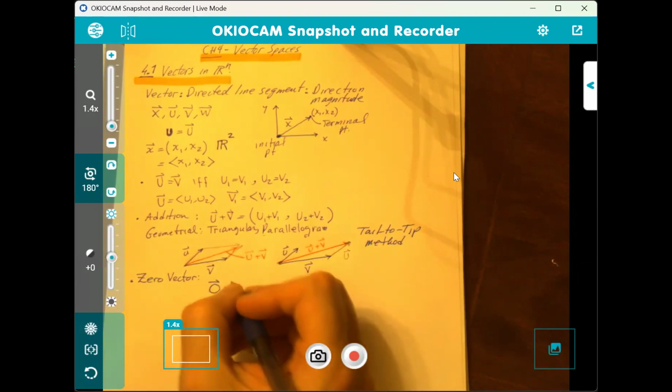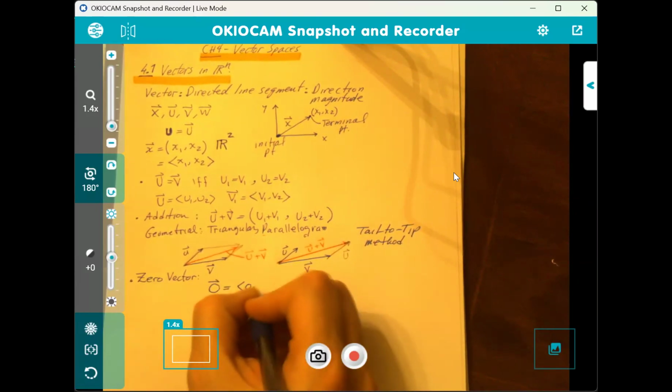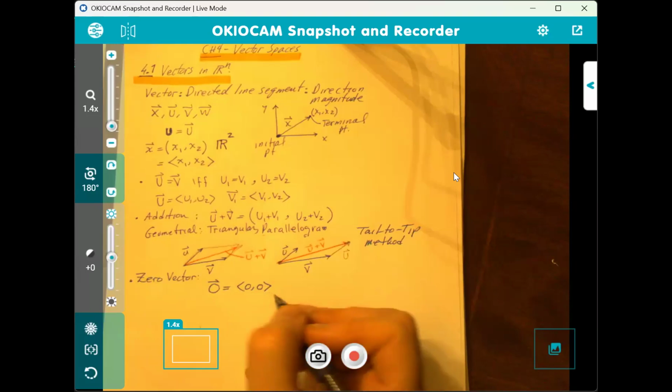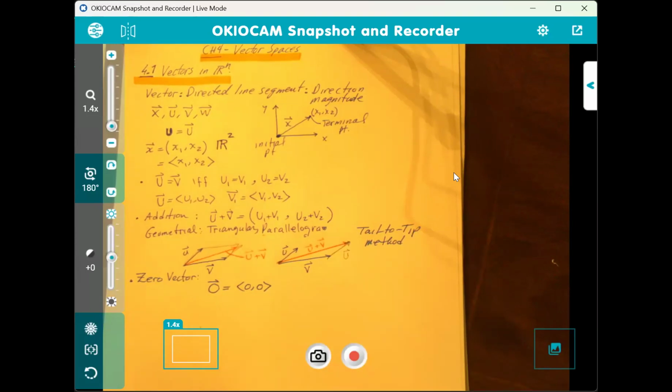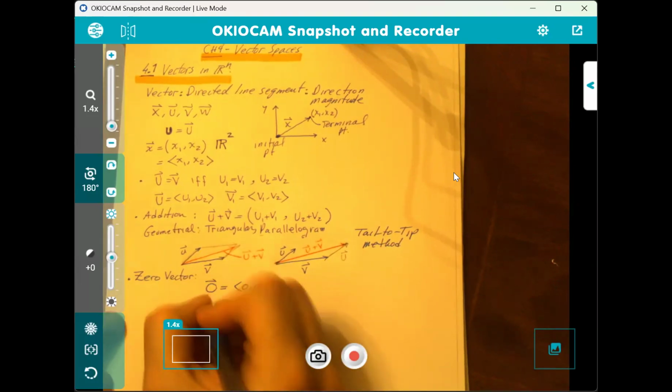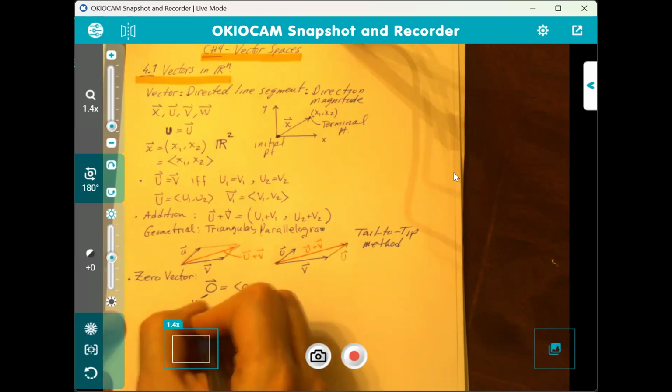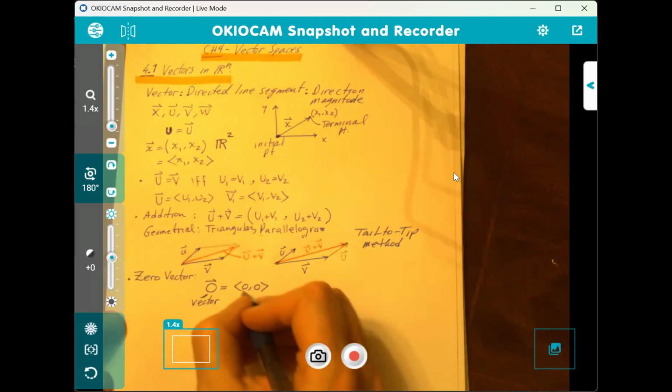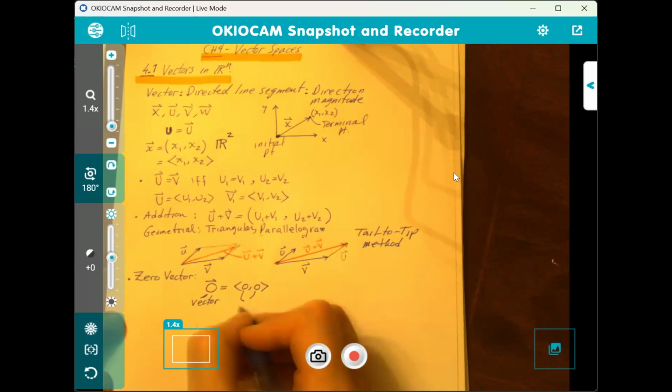In R2, a zero vector looks like this. Both components, x1 and x2, are 0. Inside the angle brackets, by the way, the components are real numbers. This is a vector quantity, so please be mindful of that, where these are real numbers. Call them scalars.